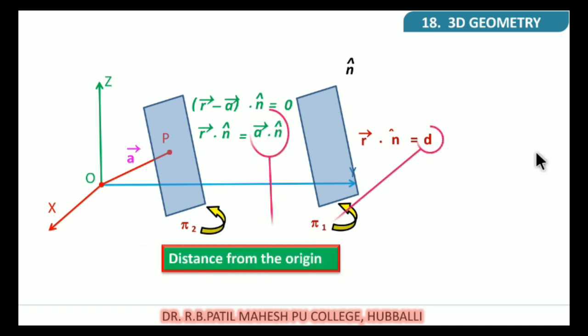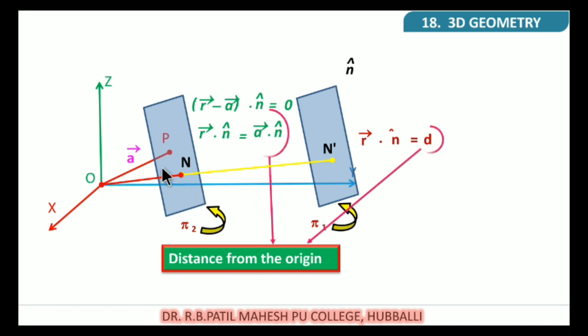So, students, here we can take this RHS part as the distance of the plane from the origin. For the first plane we have the distance small d, and for the second plane we have the distance vector a dot n cap. So, both are the distances of the planes from the origin.